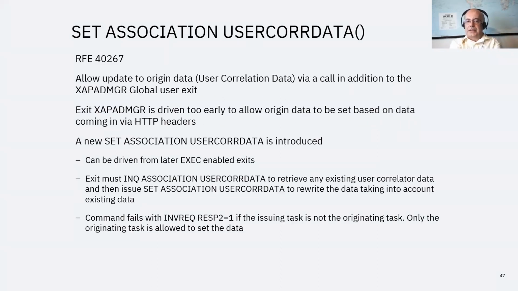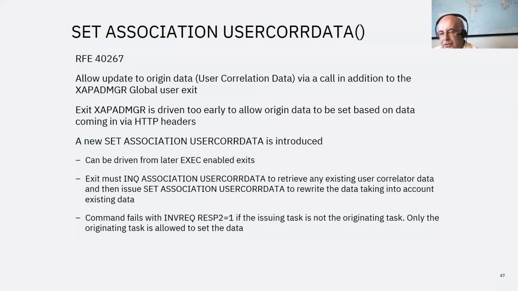Another one to do with origin data. This came in from a US customer who wanted to set origin data, and you can do that via a global user exit, XAPADMGR, where you can set data that's going to be present in the origin data.